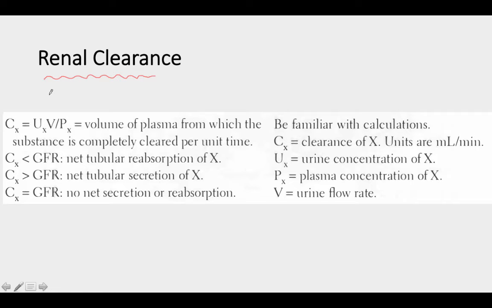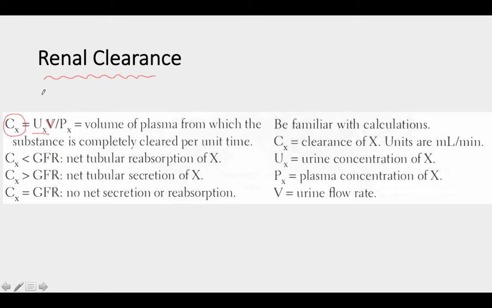Right? And the rate of clearance of a substance X, right, is equal to the urinary concentration of that substance multiplied by the urine flow rate, represented by V, divided by the plasma concentration of X, right?